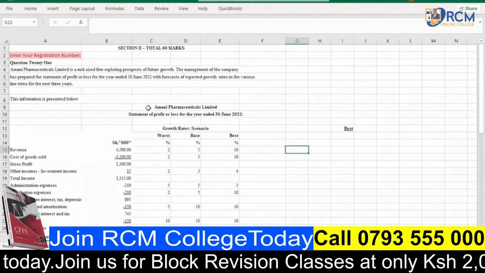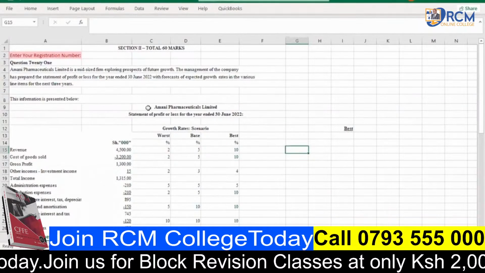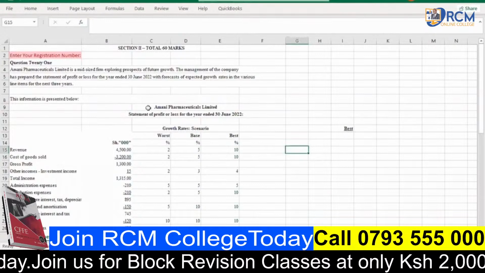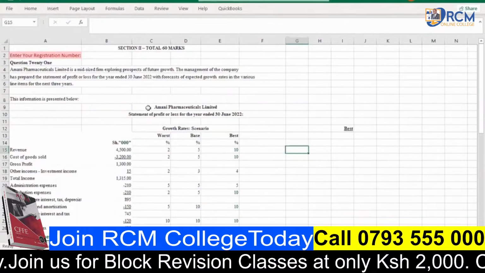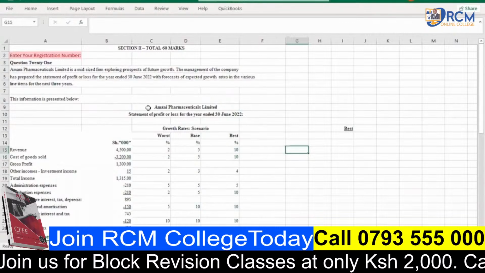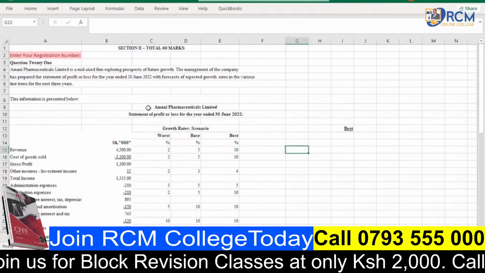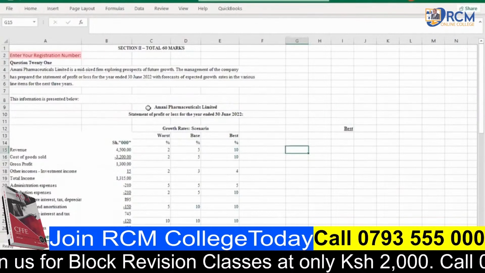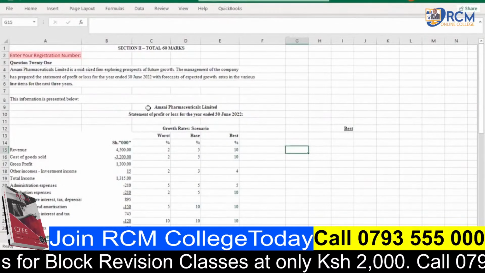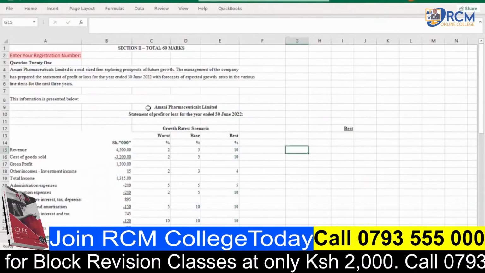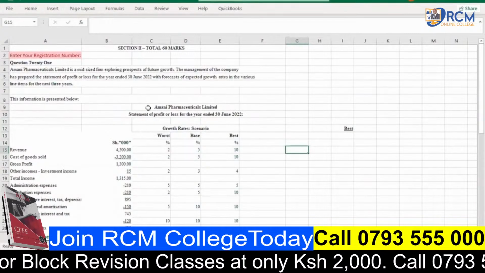And therefore, any choice that will indicate Roman 1 is going to be eliminated. So we do away with choice A. We are going to do away with choice B. And then choice D is telling us that all the statements are correct, which is wrong. And therefore, the correct answer is C.